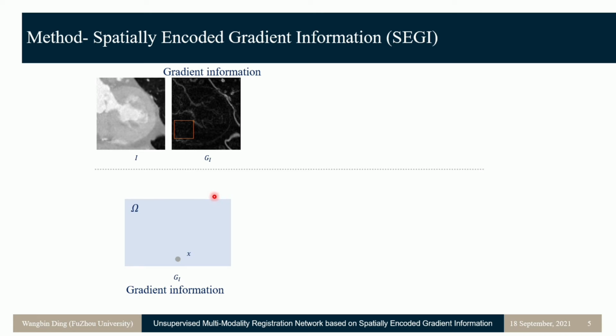The idea of the specially encoded gradient information is quite straightforward. For each spatial point x, we accumulate the gradient information around the x and generate a more robust structural representation. In practical implementation, we can introduce the Gaussian kernel to convolve the original gradient information.